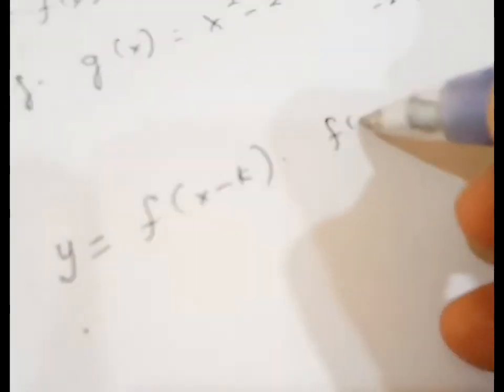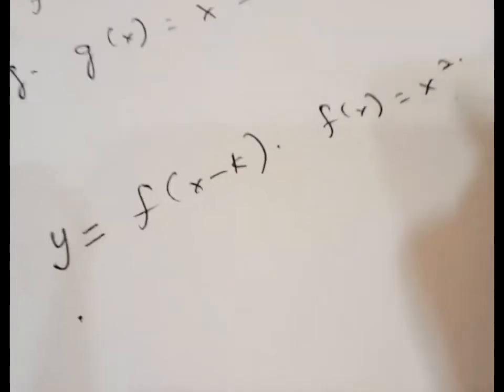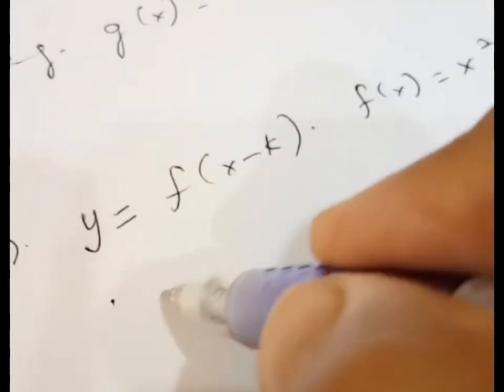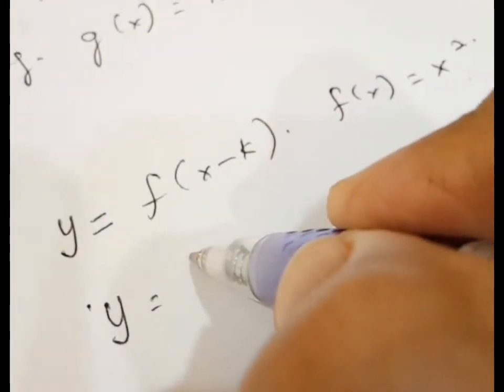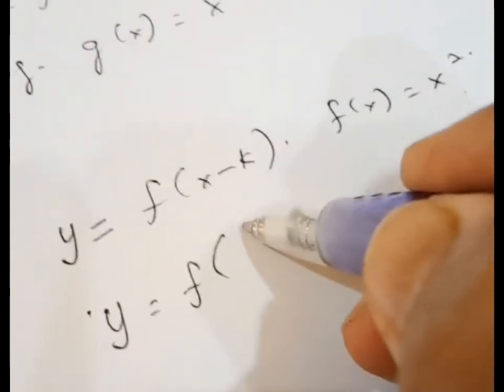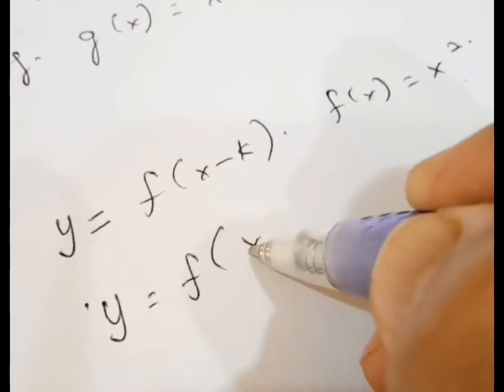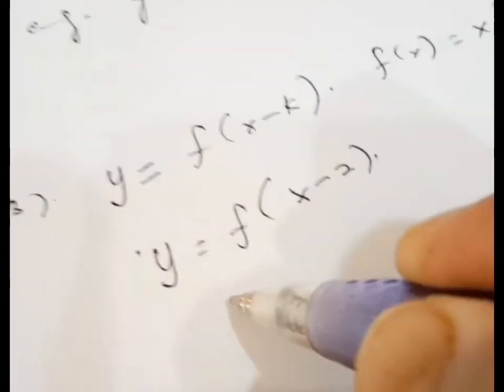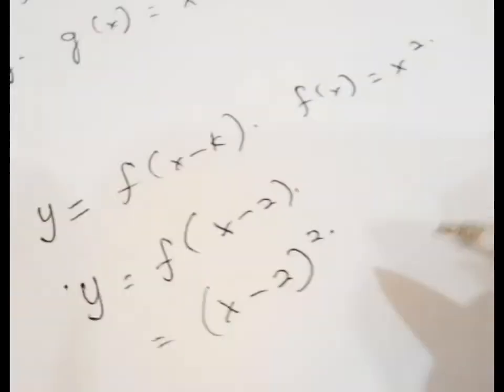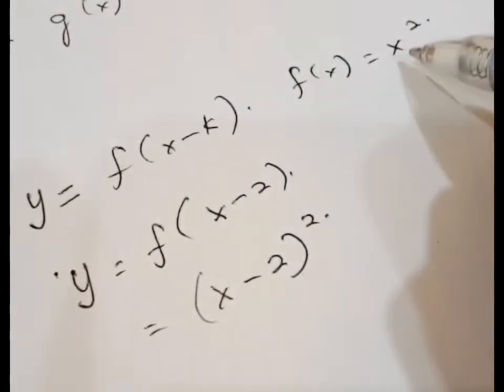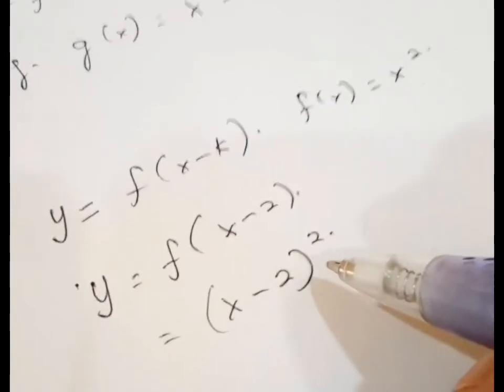So now when x is 2, we have x minus 2 squared. x minus 2 replaces x here, so it becomes x minus 2 squared.